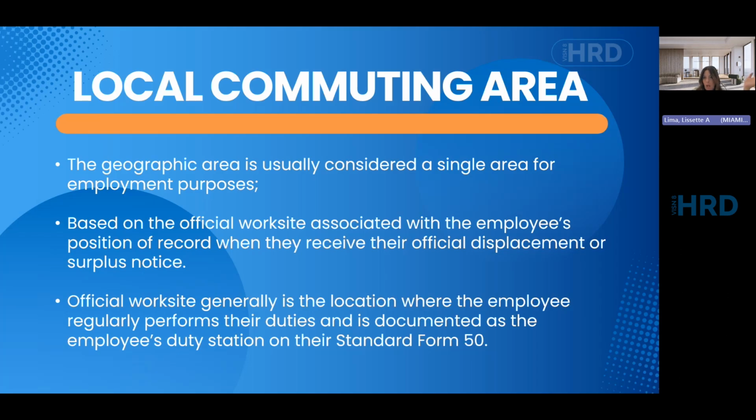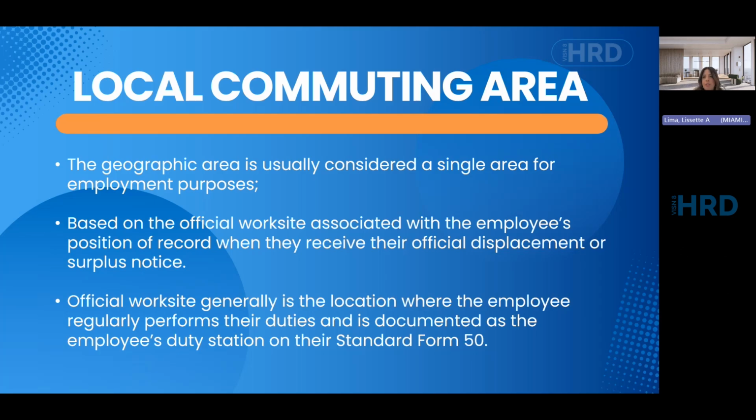It is based on the official work site associated with the employee's position of record when they received either the displacement or the surplus notice. That work site is generally the location where those duties are regularly performed, and is the duty station documented on their Standard Form 50.